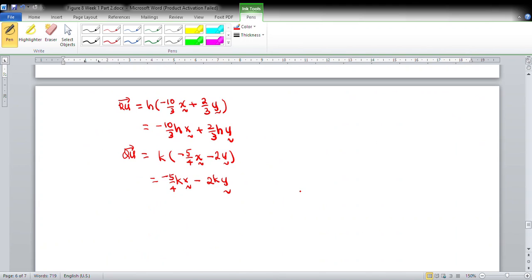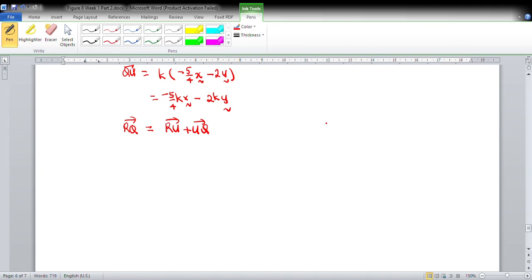So this is what I'm going to do. RQ is RU plus UQ. Okay, so you put in all the equations that we've already found. RQ is 2y. So note that there's no x here.